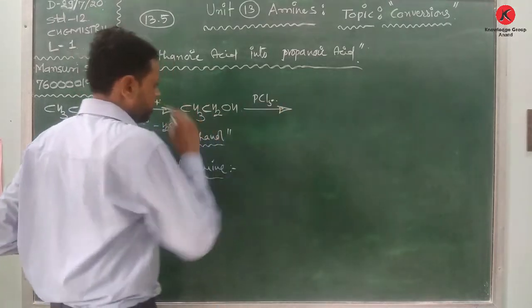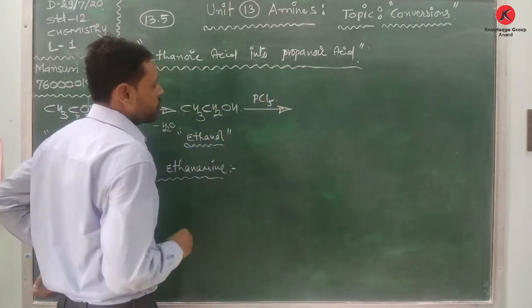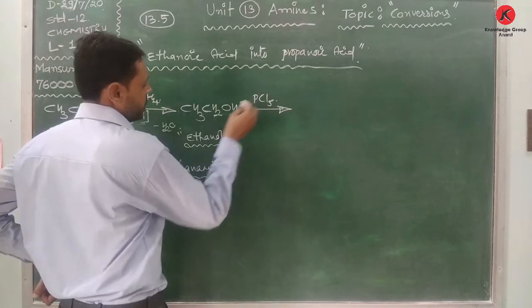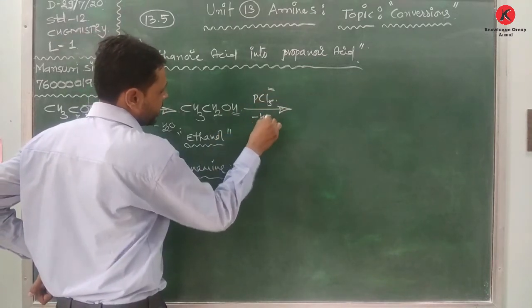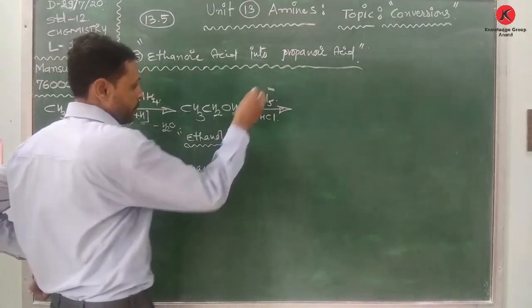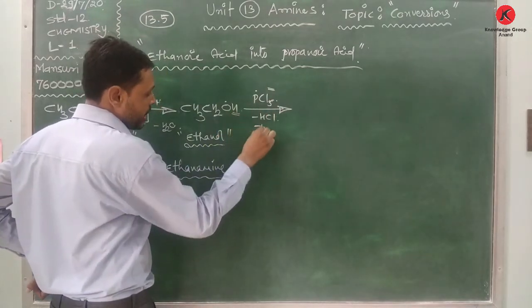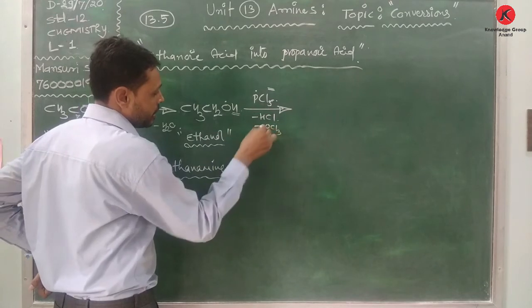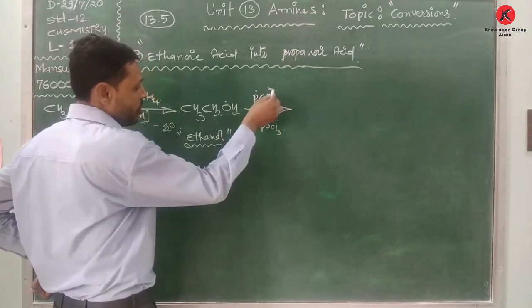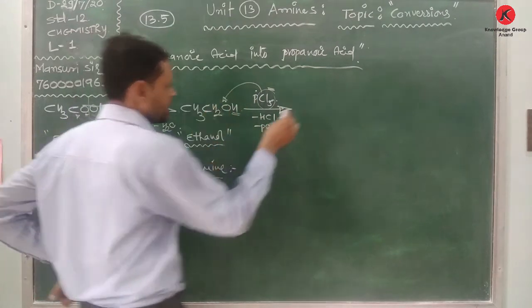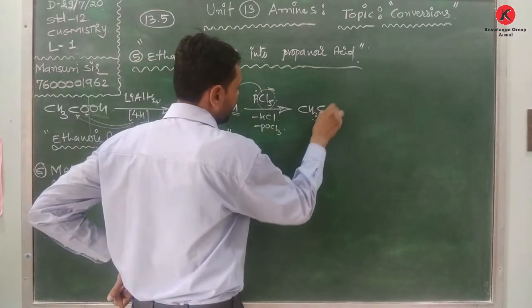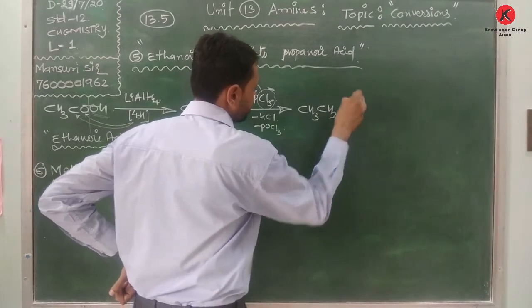Okay, now here when PCl5 is used, then 1 hydrogen removes with 1 chlorine, HCl is removed. PO and 3Cl makes POCl3. Now the 1 remaining chlorine atom is attached with this ethyl, so ethyl chloride is obtained.